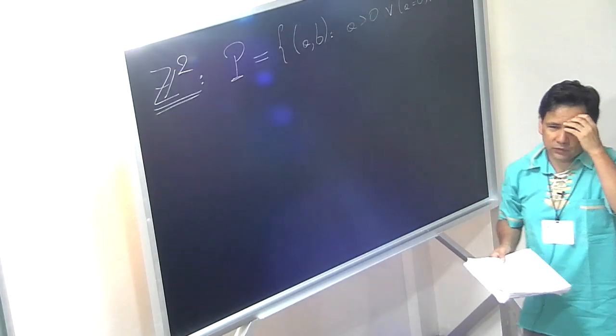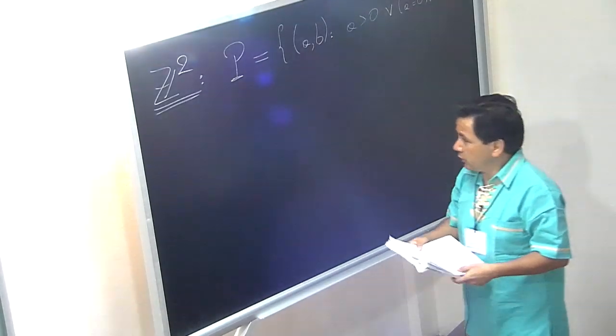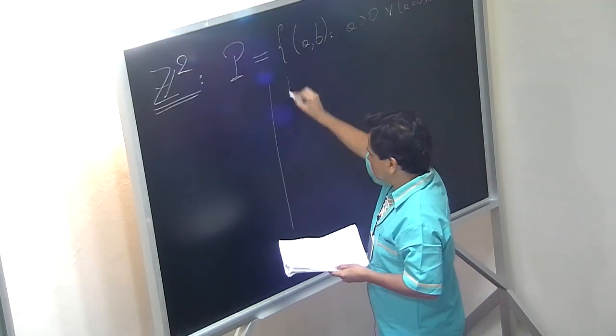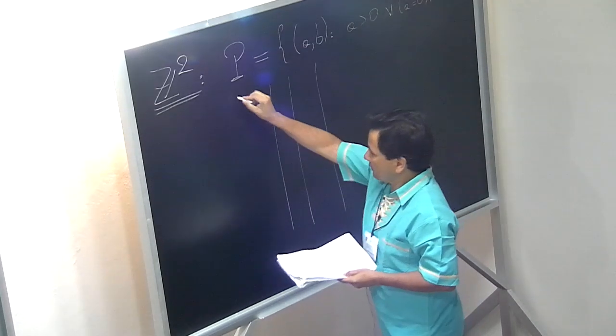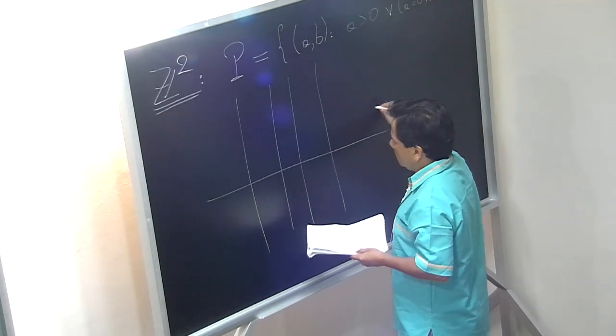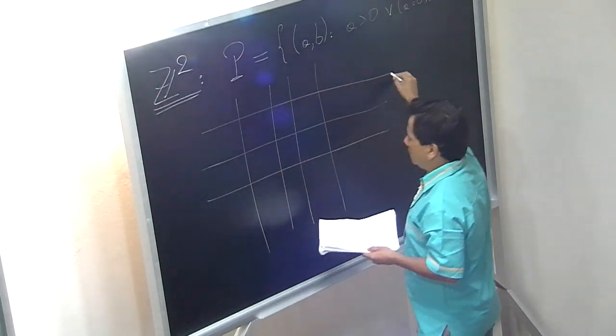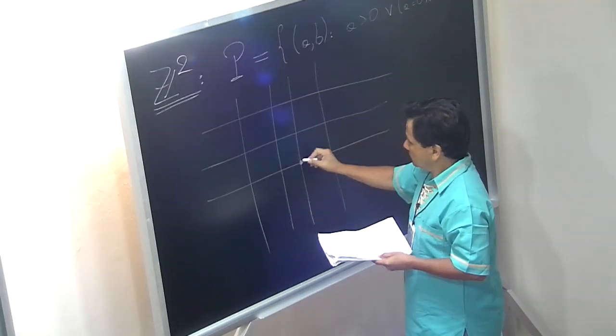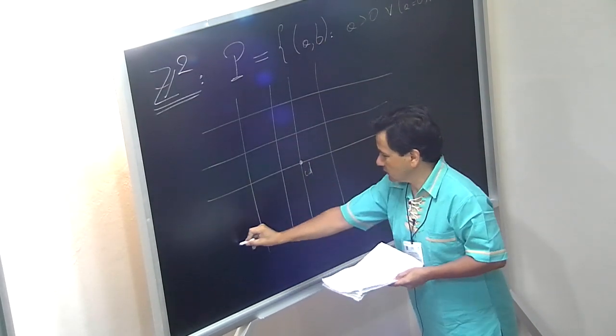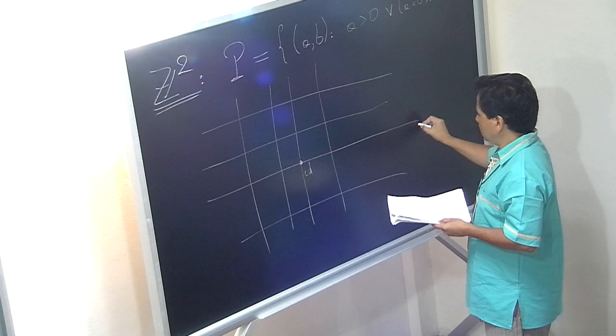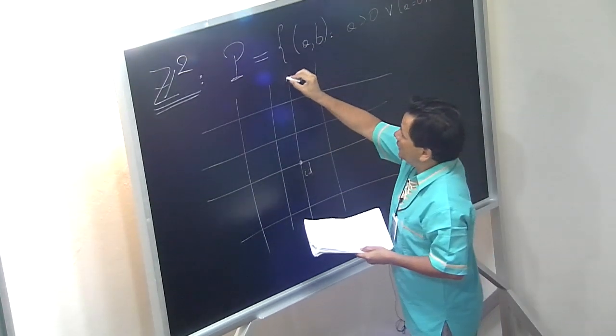This is the positive cone of an order on C to the square. So if you go to the Cayley graph, here is the identity, and this is the A direction, and this is the B direction.